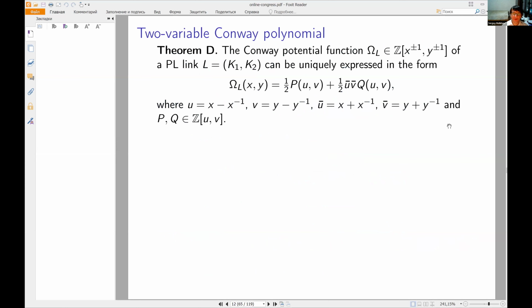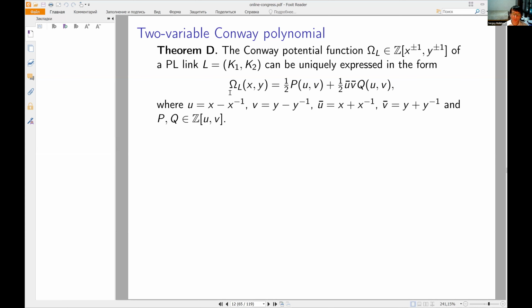Namely, I have to use a two-variable Conway polynomial, which is the following thing. We start with the Conway potential function for a knot. It is expressible in terms of x minus x inverse, and you get the Conway polynomial. For a two-component link or a link of more components, this is no longer true, but you can still do something of this type.